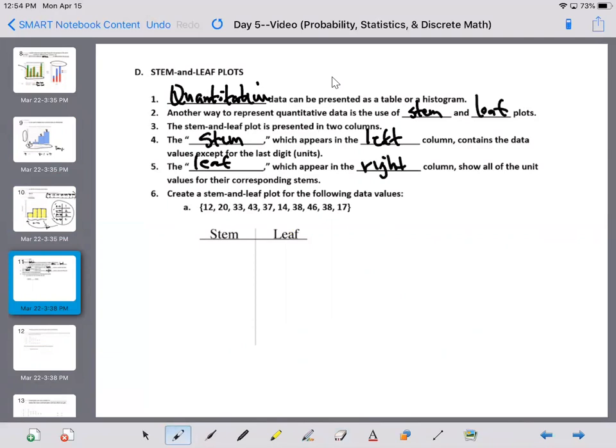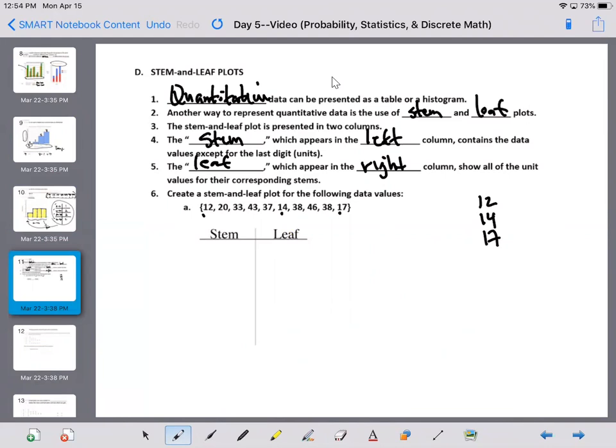So I want to create a stem and leaf. And notice the numbers that I have here, they're not in numerical order. So if I've got 12, and then I'm going to have 14 and 17. So I've got those that have a 1 in the tens place.